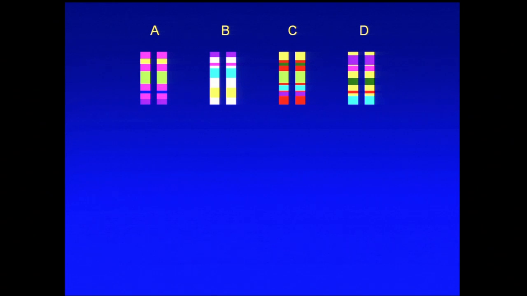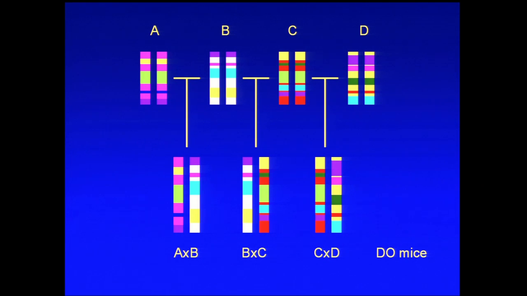And the fact of the matter is if you want to create a real population that's similar to the human population, what you can do is you can take these inbred mice and you can cross them. And now what you have is what's called the diversity outbred mice, a very, very heterogeneous population genetically, one that is segregating all kinds of alleles. But what's important is that you can go back and you can recreate these.